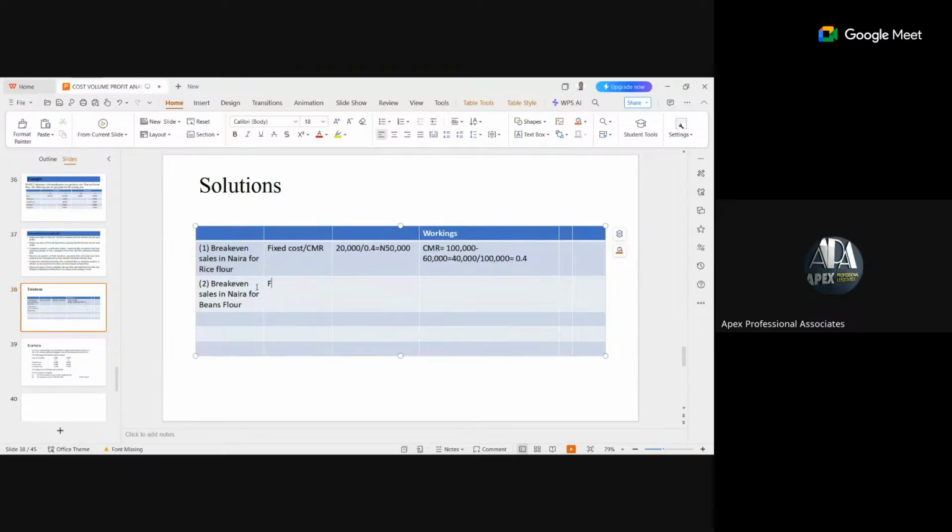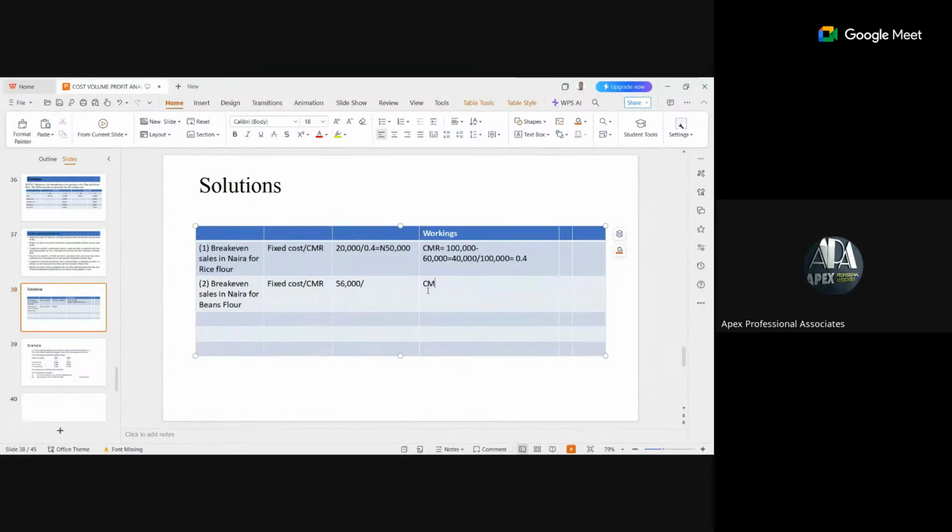Still same: fixed costs divided by contribution margin. Now, in terms of beans, the fixed cost is what? 56,000.